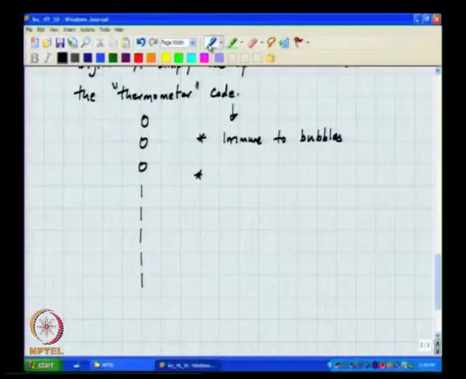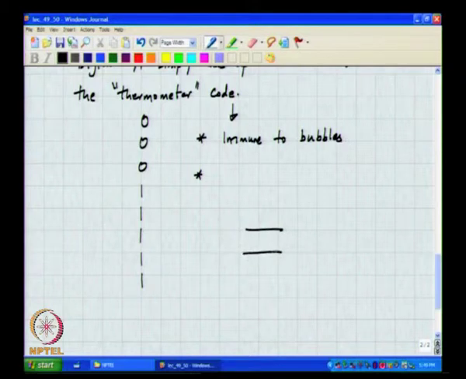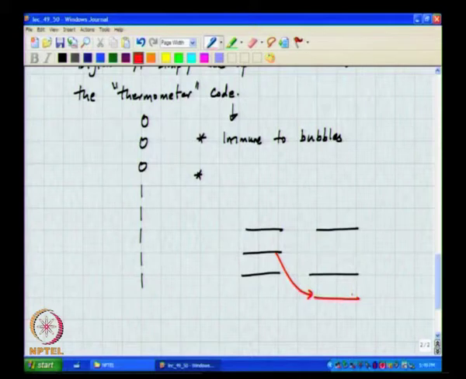Let us say the ideal comparator threshold levels were these, and by some quirk of fate this threshold remained like this, this threshold remained like this, and this threshold became like this. Then what do you think will happen if the input was here for example?